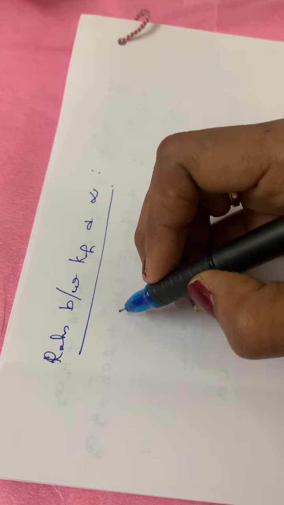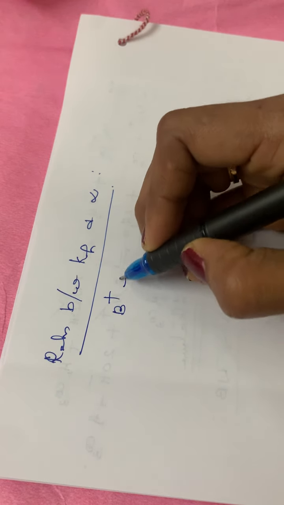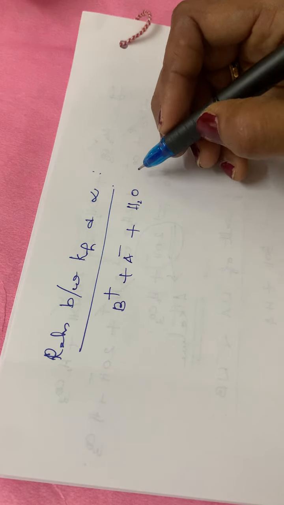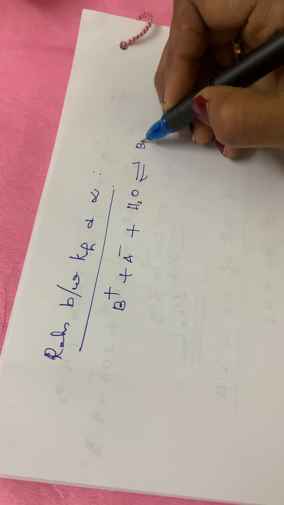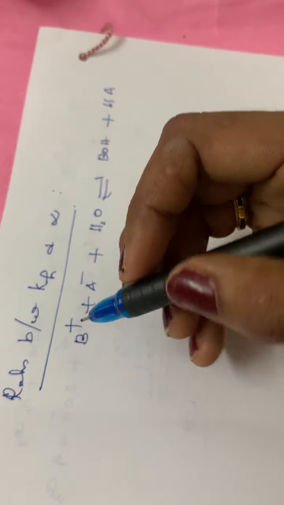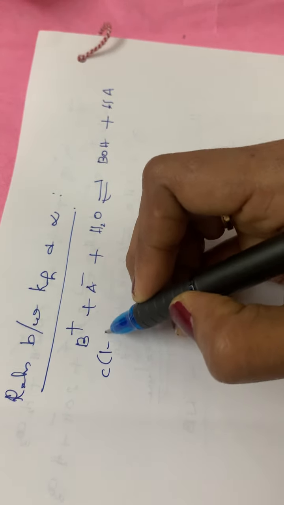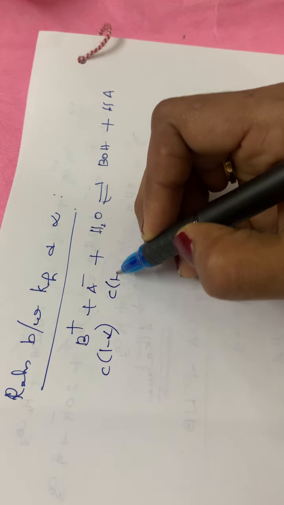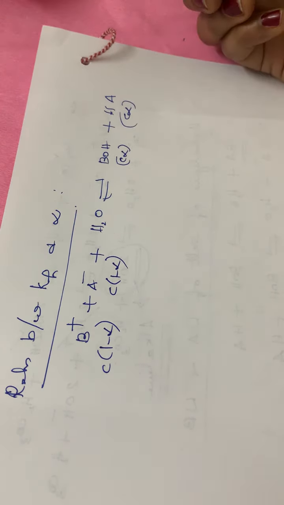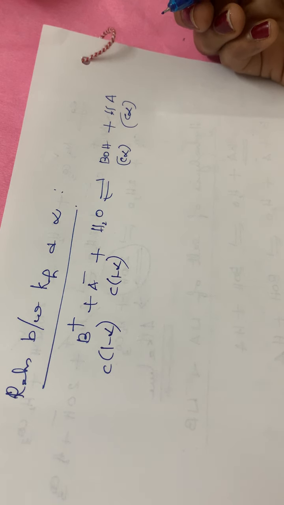Again, this BA will be ionizing as B plus and A minus. I will write the final equation: B plus plus A minus plus H2O giving BOH plus HA. So at equilibrium, what about the concentrations? It becomes C into 1 minus alpha, here also C into 1 minus alpha, and this one is C alpha, this is C alpha, which we had already discussed.